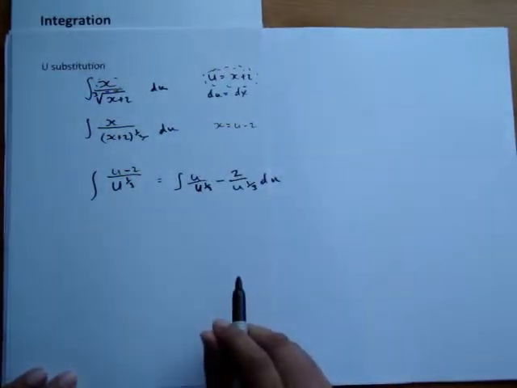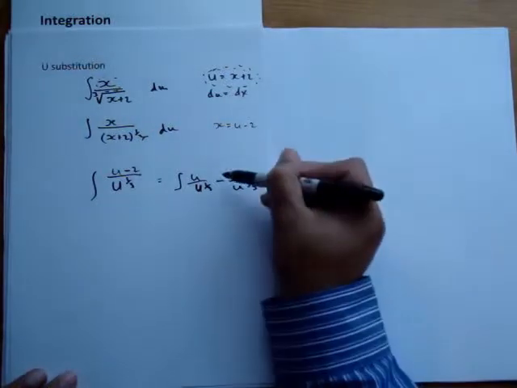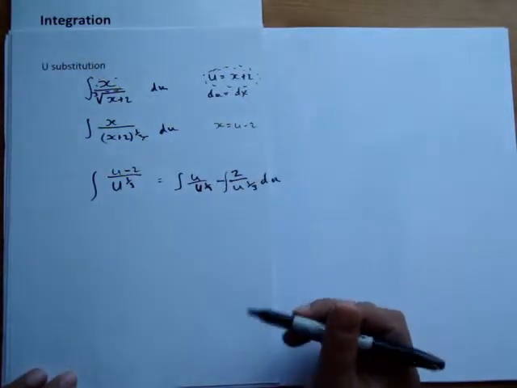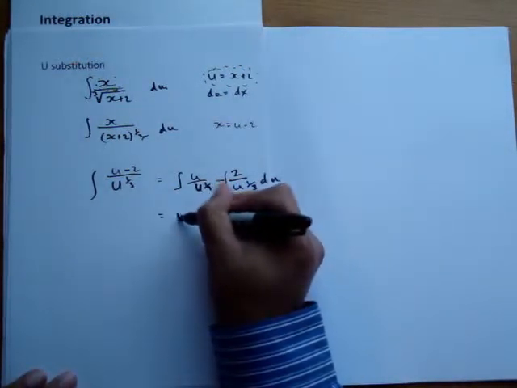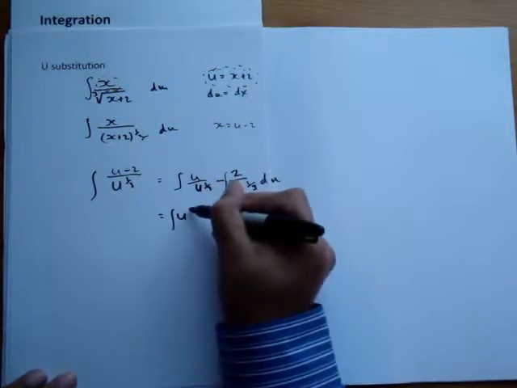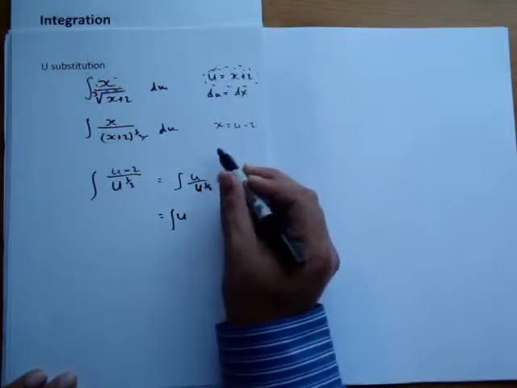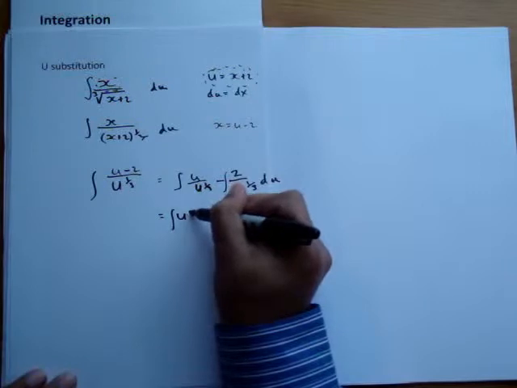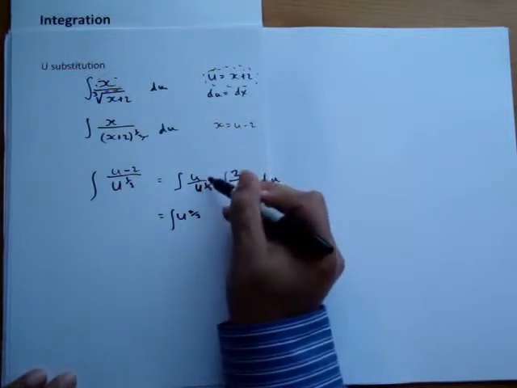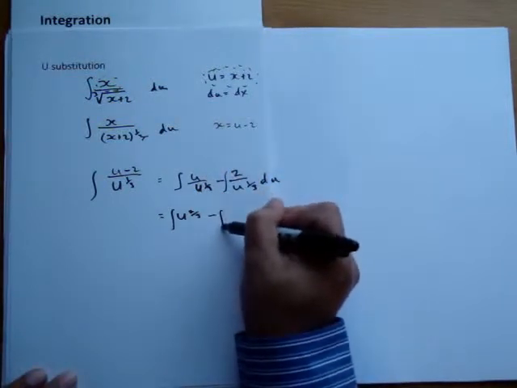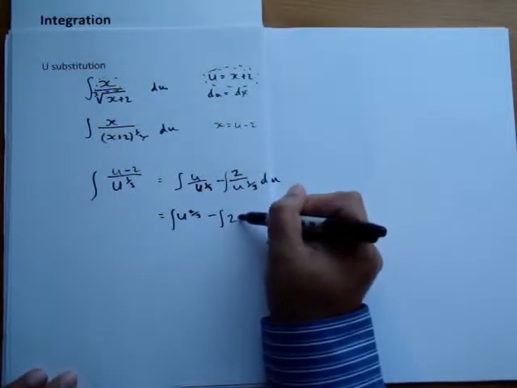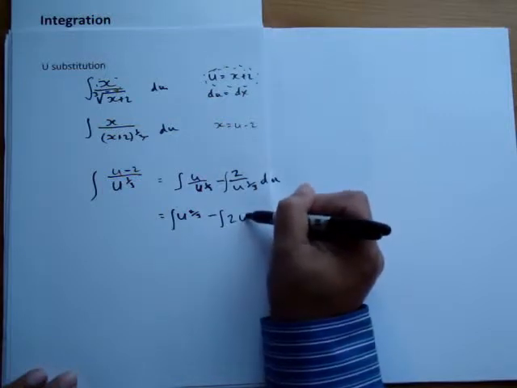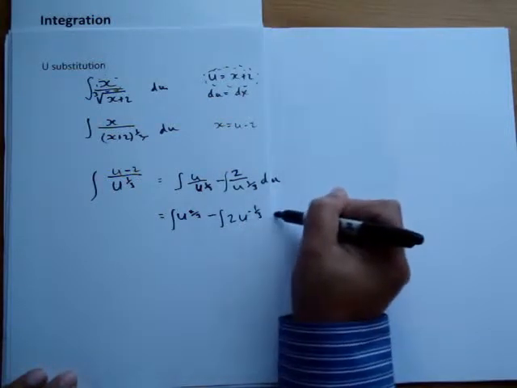Now what we can do is the separate integrals. So this then becomes the integral of u, bring the 1/3 up, it becomes u to the 2/3 (1 minus 1/3), minus the integral of 2, and bring the u to the 1/3 up, so it's u to the minus 1/3 du.